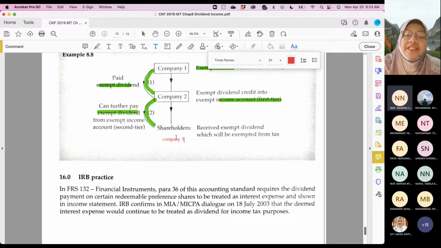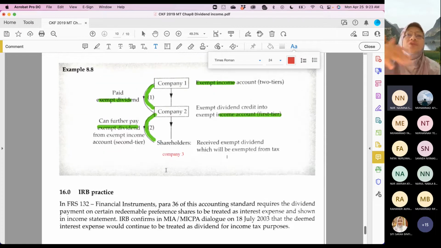But if company 3 declares to another company that is its shareholder, now there are already three tiers, so there's no more exempt dividend. Exempt dividend is only given for two tiers. If you receive dividend from company 1, then company 2 declares another level of dividend, that is two tiers already. So if company 3 declares to another company, there's no more exempt dividend.